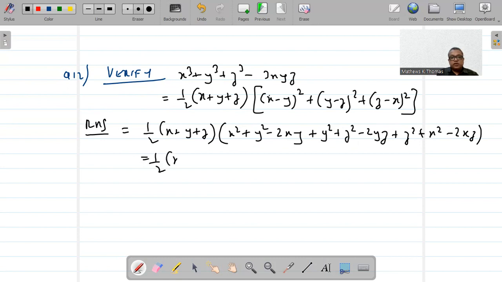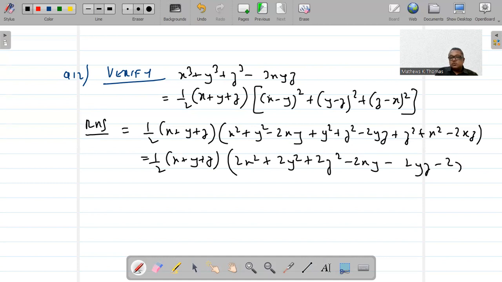Next step, half (x plus y plus z). Don't disturb this. What I find is that there are two x squares, here two y squares, and two z squares. I'm combining the like terms, minus 2xy minus 2yz minus 2zx. All the terms of the second bracket have 2 common, so I can take out that 2.